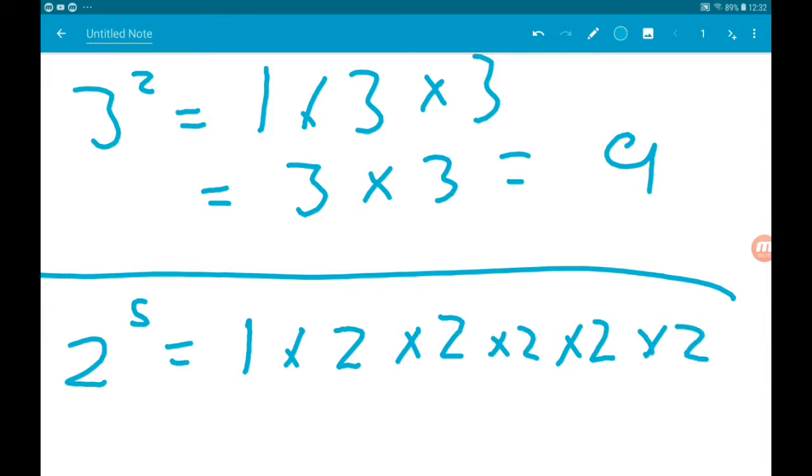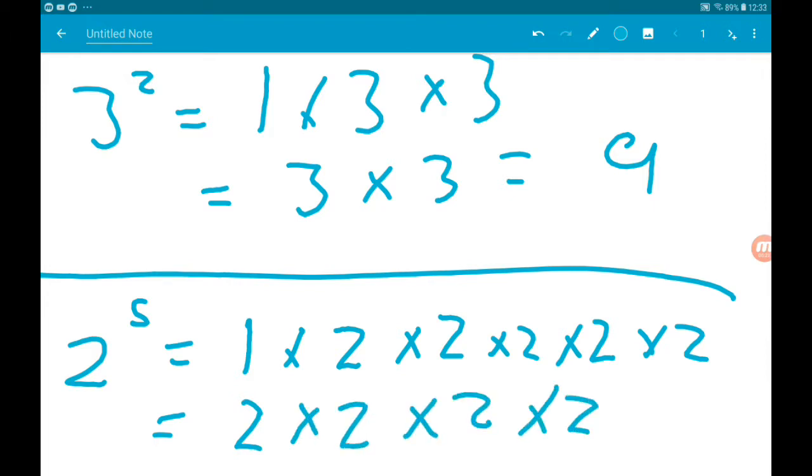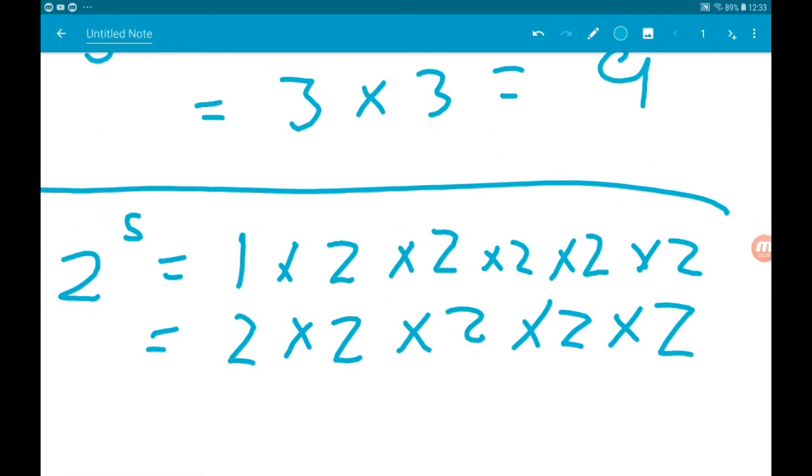Again, really, we don't bother with the 1 at the start. So this is 2 times 2 times 2 times 2 times 2, which is 32.